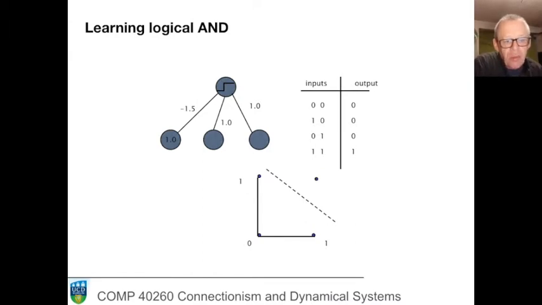So here we have a perceptron with two input units, and I've shown the bias unit there as well. And in the truth table, you can see the desired output for each of the 4 input patterns. That exhausts the domain. We're only interested in those 4 input patterns. And basically the output is 0 unless both inputs are on.